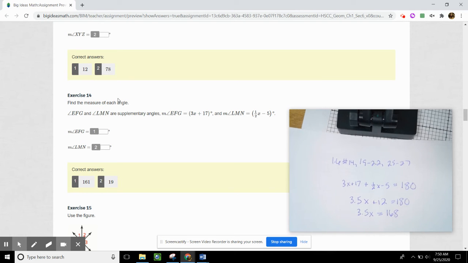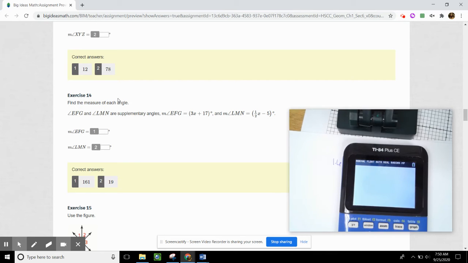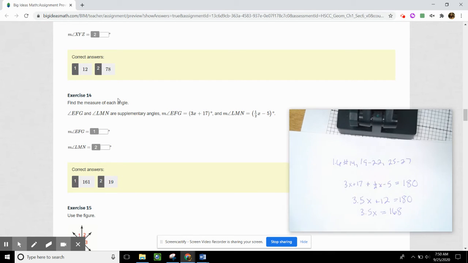And if you divide 168 by 3.5, you get 48. Now, to find each angle, we're going to plug it back in. So 3 times 48 plus 17, which is 161.